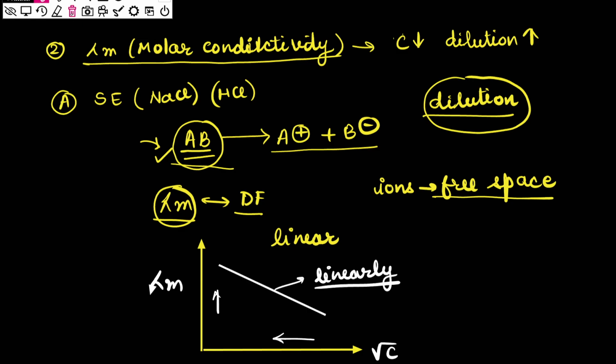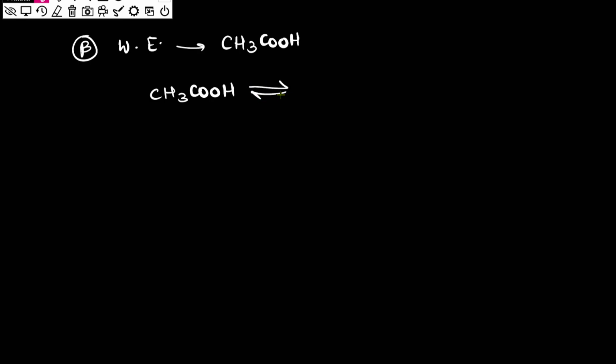Now we are taking the condition of the second case, where we talk about the weak electrolyte. In the case of weak electrolyte, for example, let's take acetic acid. Now this acetic acid which we are taking here will dissociate reversibly into CH3COO minus and H plus. Now what is the meaning of reversible here?